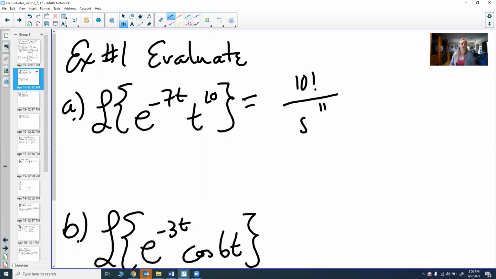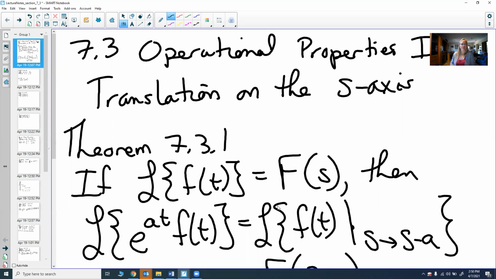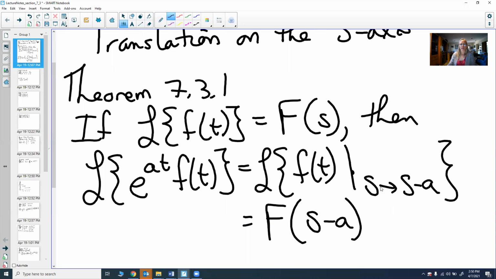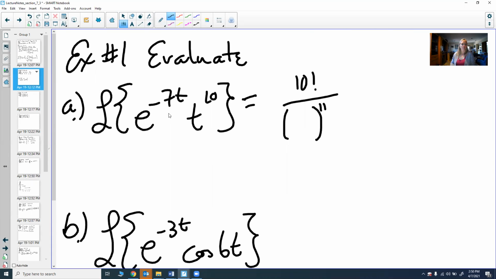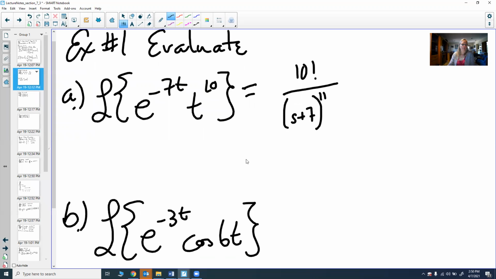But it's not just s anymore. Because of this e to the minus 7t in there, instead of being just s to the 11th, it's going to be something else to the 11th. As this theorem says, instead of just being s, it's going to be s minus whatever the a is up there. Negative 7 happens to be up there, so it's going to be s minus negative 7, so it's going to be s plus 7.